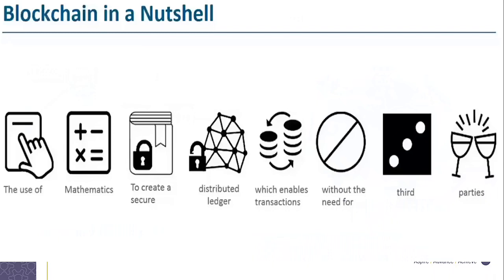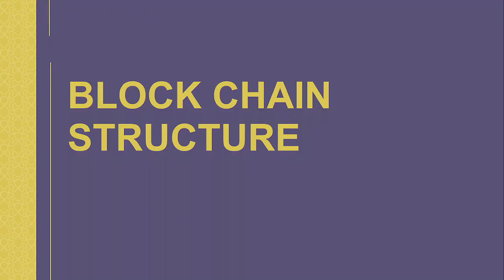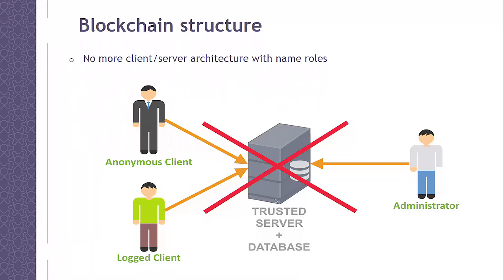So let's look at the foundations, or rather the technology that brings on board this blockchain. That is the blockchain structure. Here, we have said we are using P2P. We are not using client-server, right?